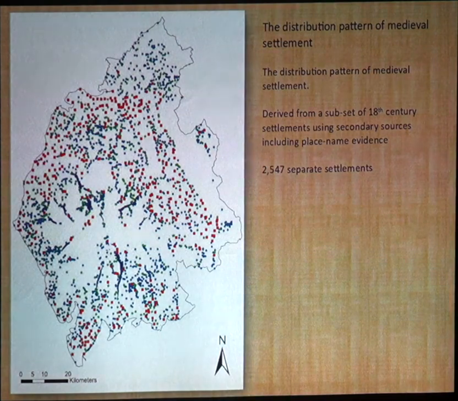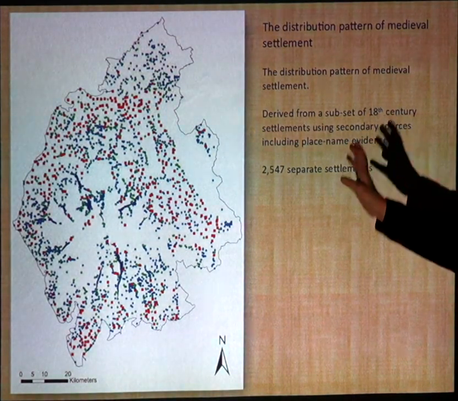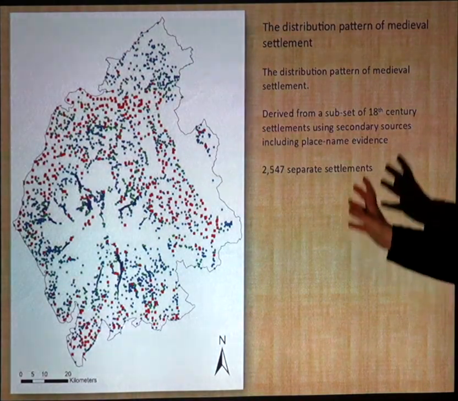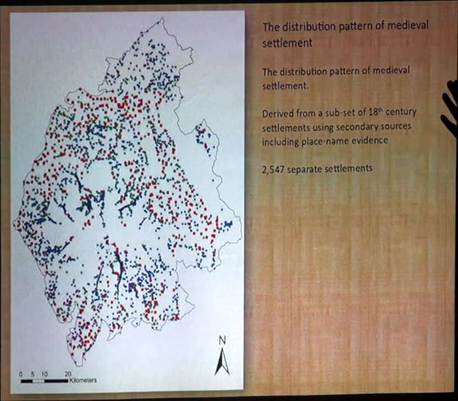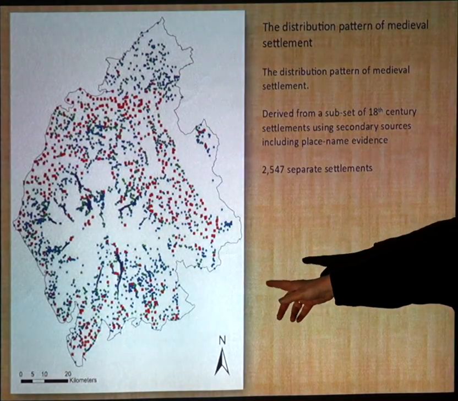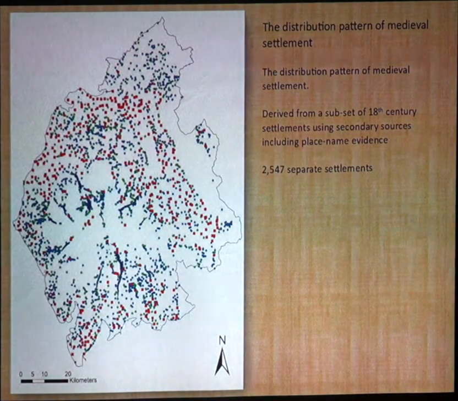So what I was interested in here is the settlement patterns across the county. The red dots are towns and villages. So you've got a whole load going up the Eden Valley, around the Solway Plain and down the west coast, and then down in the Furness area at the bottom there.